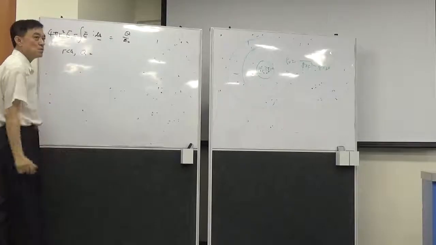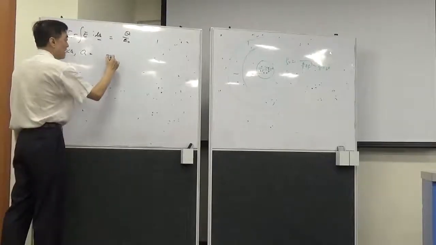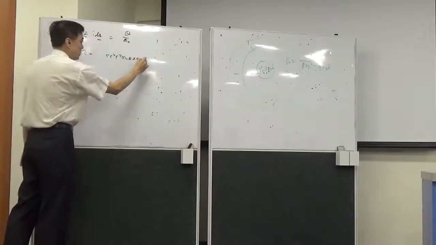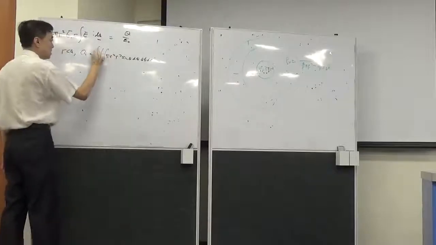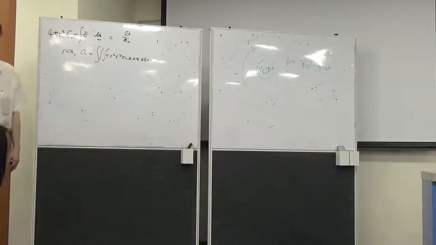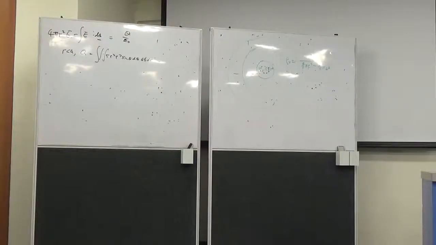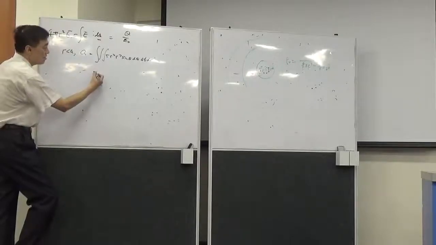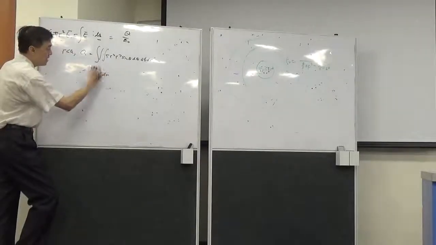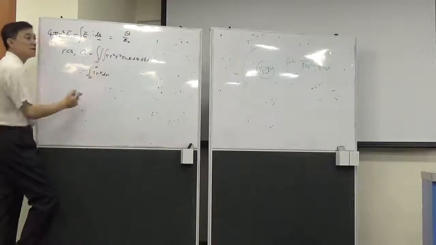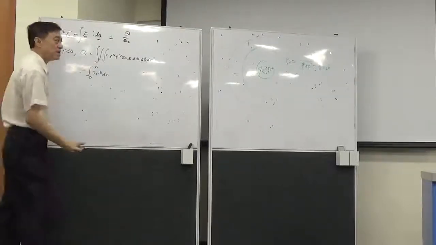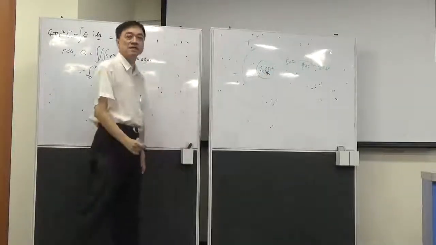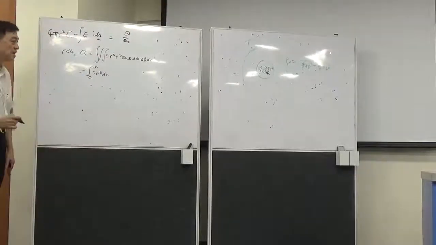Q is equal to 5 R squared sine theta d phi dr. Okay, so this is equal to 5r to the power of 4 dr integral 0 to r. 0 to r, not to a, alright? 0 to r because the radius of your Gaussian surface is r.